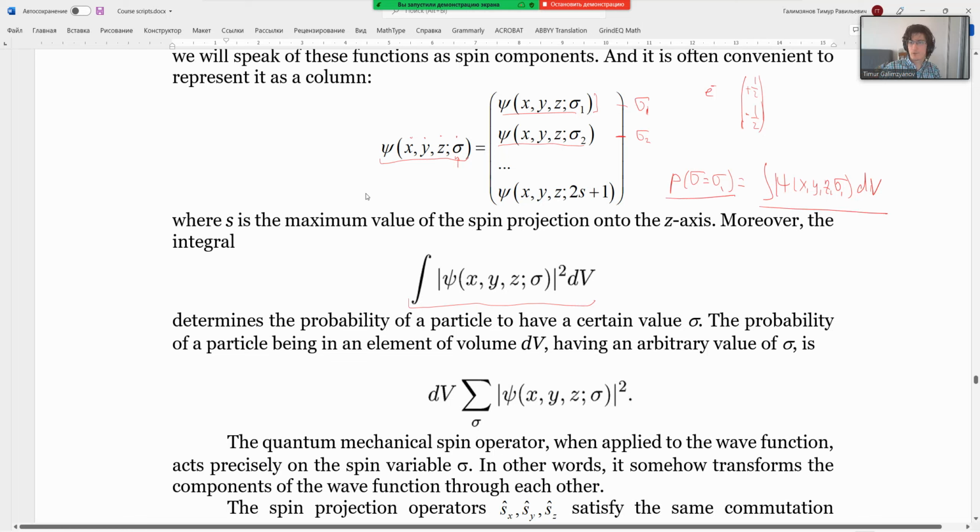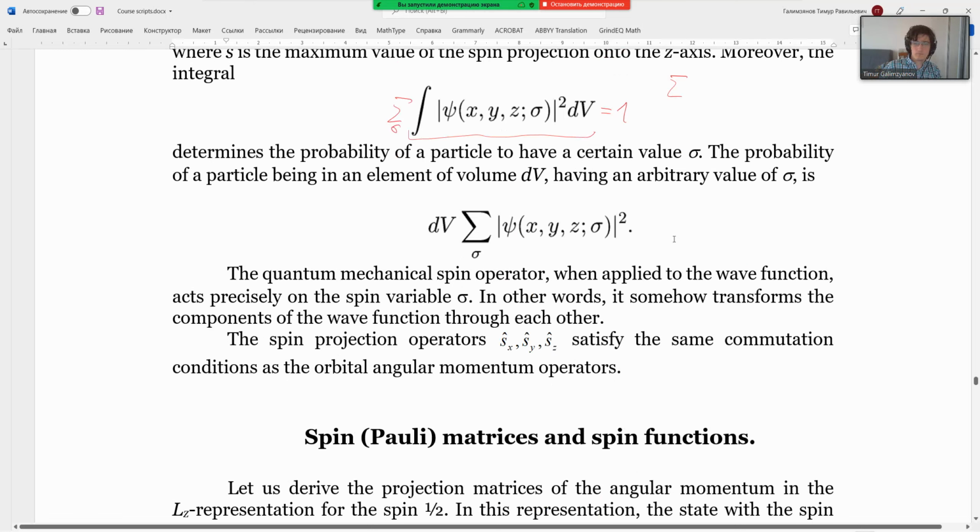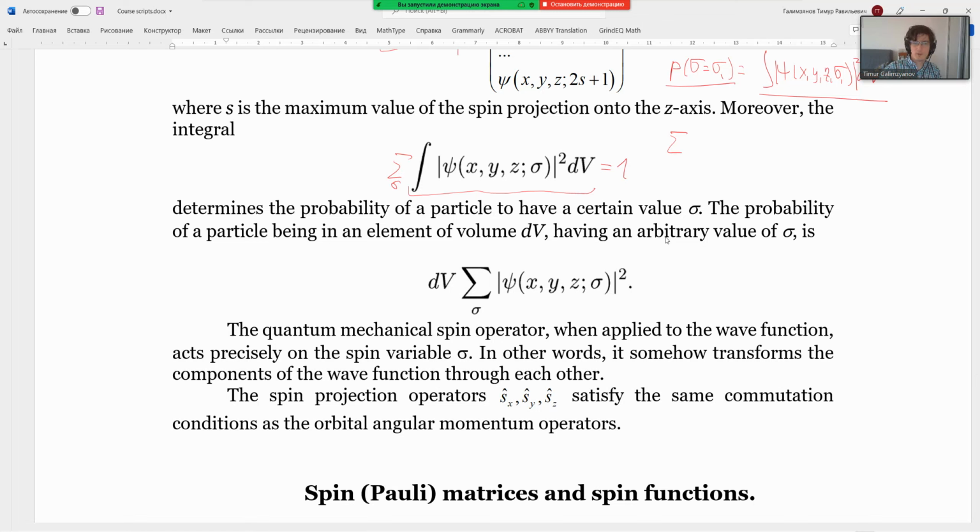I'm sorry, it should be squared. That would give us the probability to have spin equal to sigma 1. And all probabilities should sum up to 1. That means that the sum over sigma should equal 1. And that is the normalization condition.